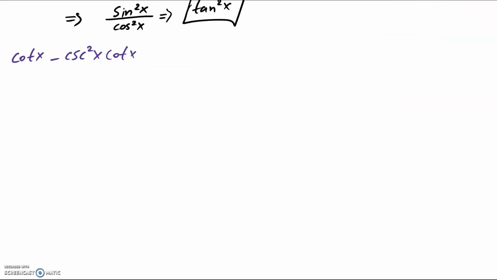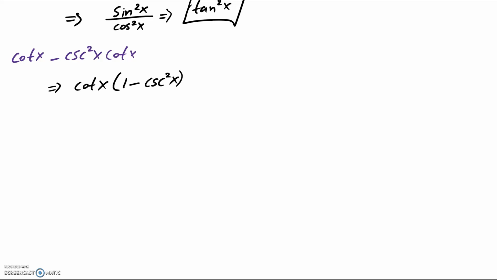Alright, now this question is a little bit tricky. What is the trick in this? Instead of using identities directly in this expression, like the identity for cot or cosecant, I will prefer to take cot x in this expression as a common factor. And when you take cot x as a common factor, this expression will change into cot x, and you will be left with 1 minus cosecant squared x.